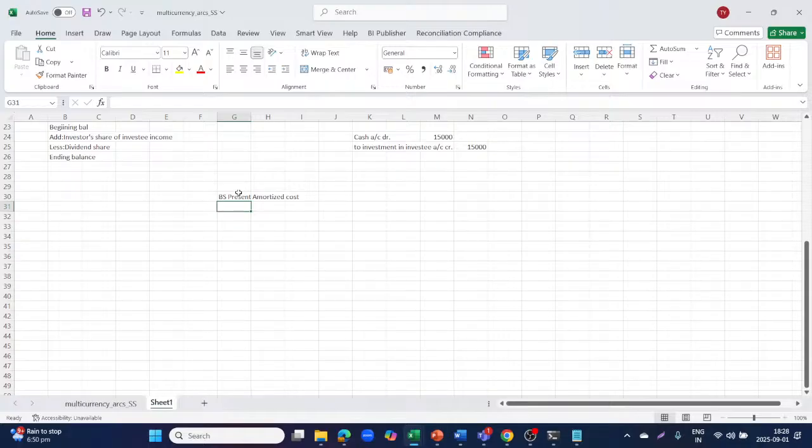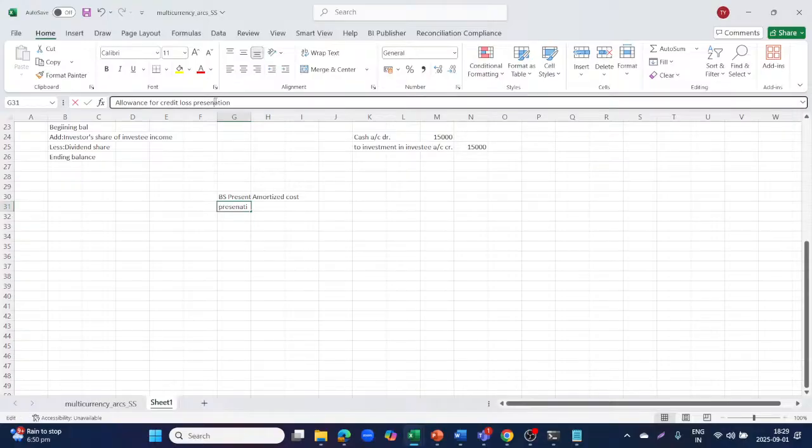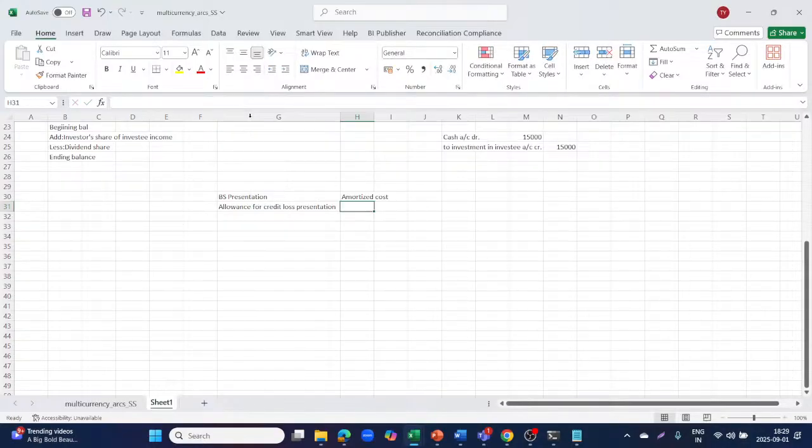And if you talk about allowance for credit loss presentation, it will be deducted from the assets' amortized cost.